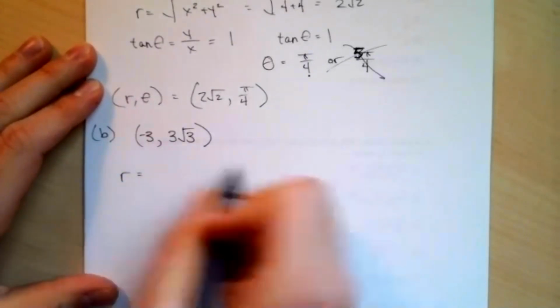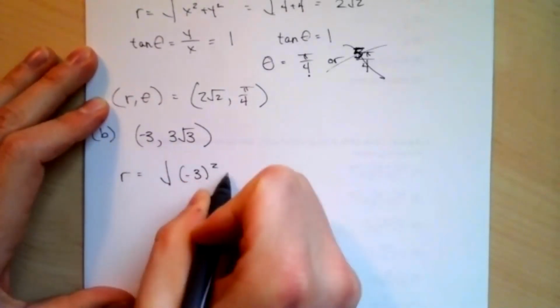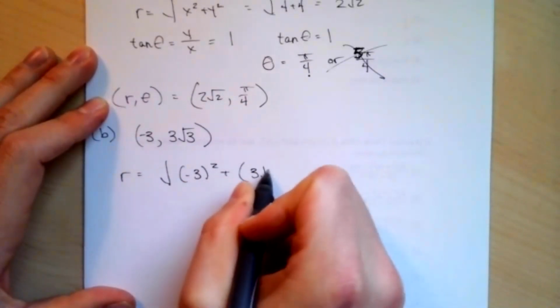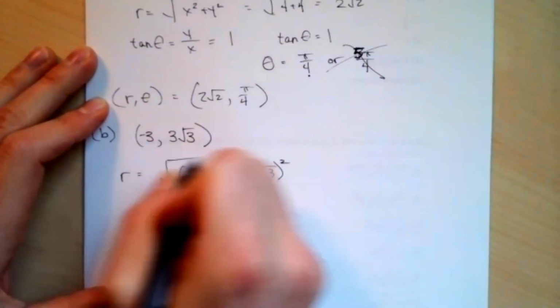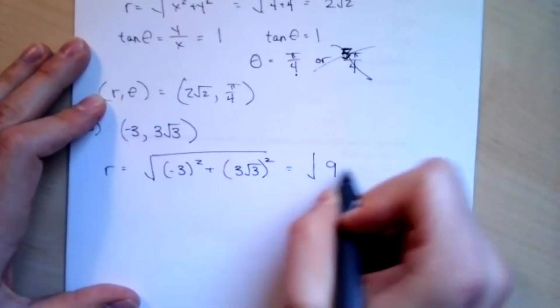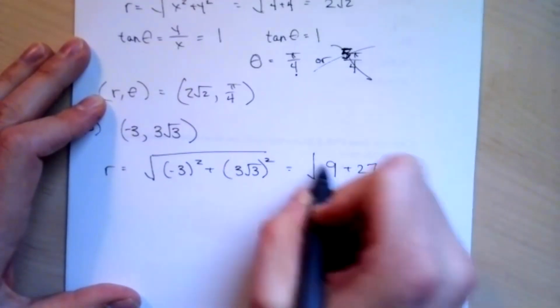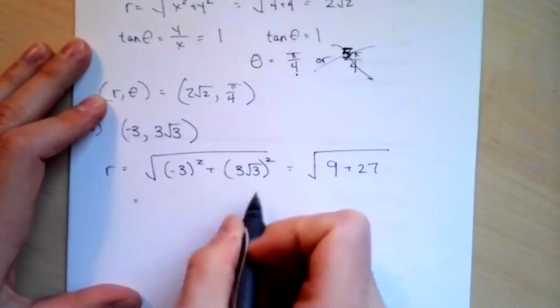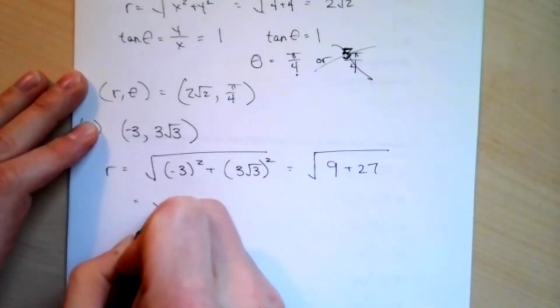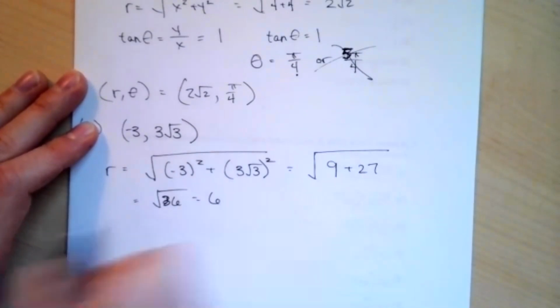So our radius is going to be square root of (-3) squared plus (3 square root of 3) squared. And that's going to be square root of 9 plus 9 times 3 is 27. So square root of 36 gives us 6.